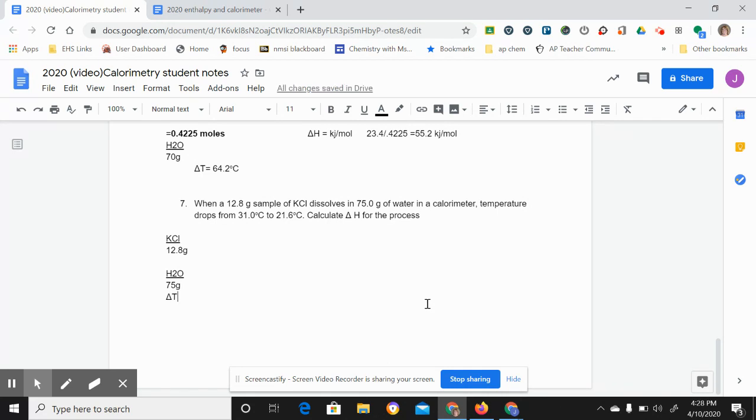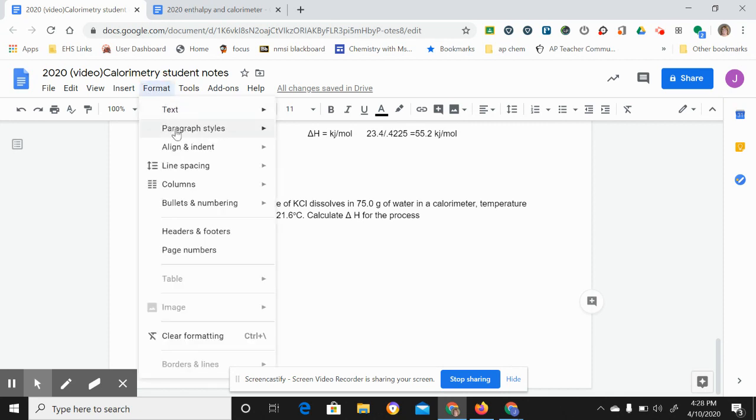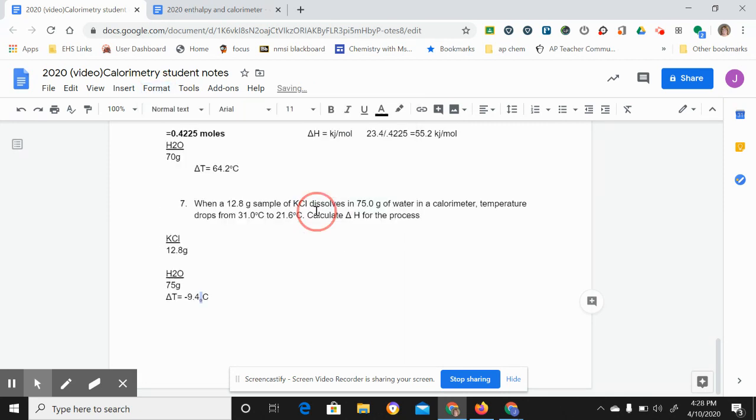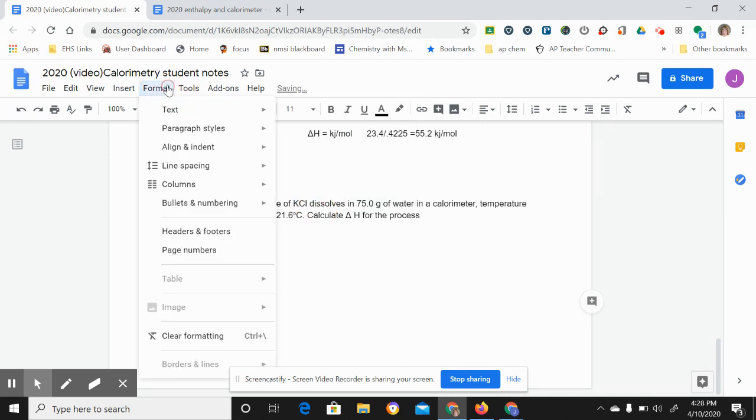If you look at that, you should get a negative 9.4 because it went down in temperature, so it's a negative 9.4 degrees C.